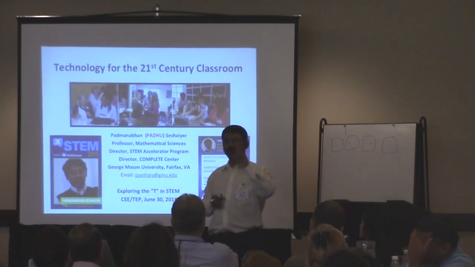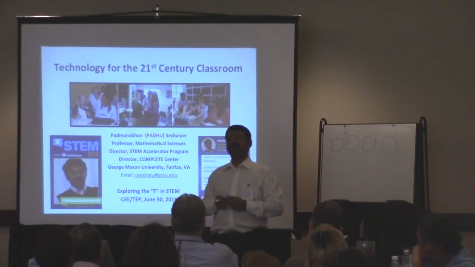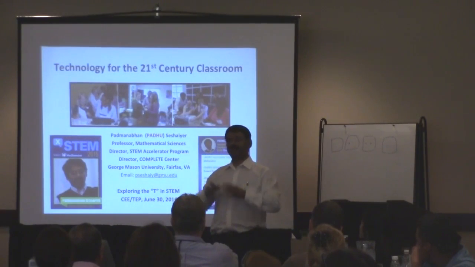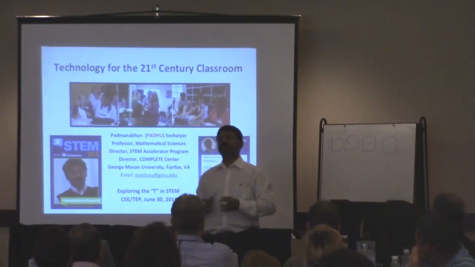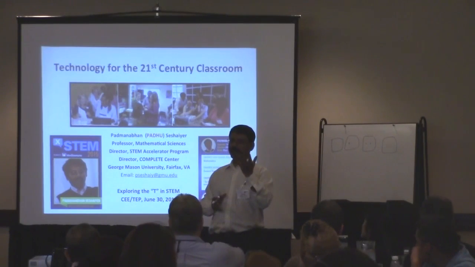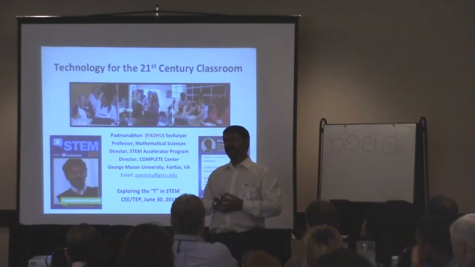I direct 2 centers. One of them is called the STEM Accelerator Center, which is a consortium in Northern Virginia with several industries, several school districts, lots of partnerships, and our focus is very specific to engage students in STEM at all levels, and I'll talk about that in just a second.